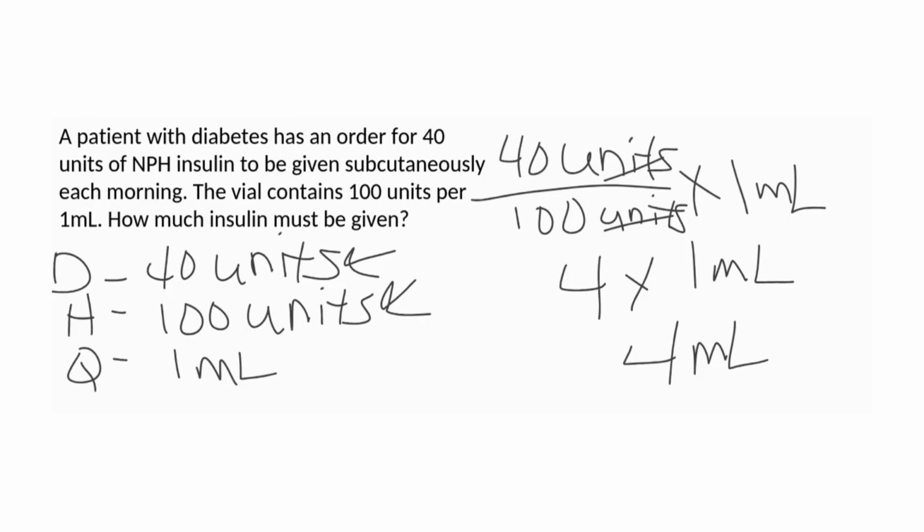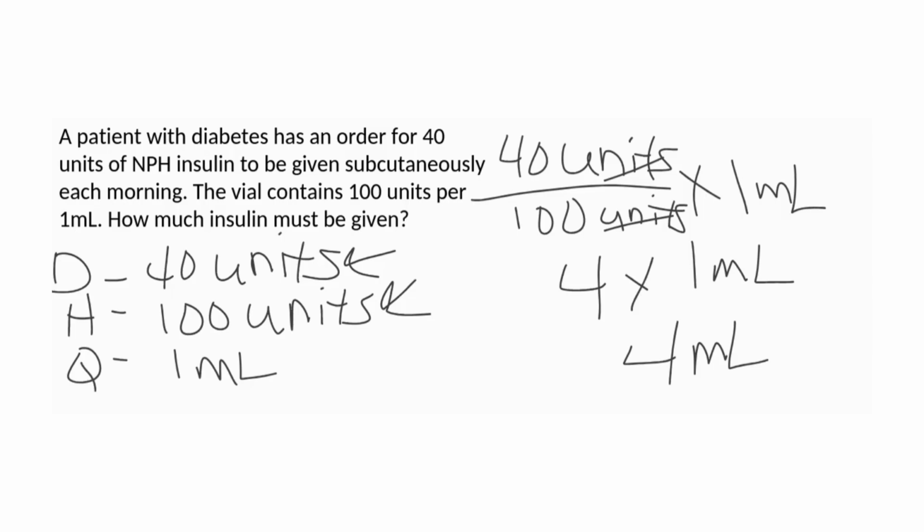4 milliliters. And here's a tip, especially when you're dealing with insulin, but really any dosage calculation problem: if you get an answer that just sounds like it's not right, like it's way too much or way too little, go back and recheck. That's a good tip for all dosage calculation problems, to double check your work. We're talking about giving some insulin to this patient.